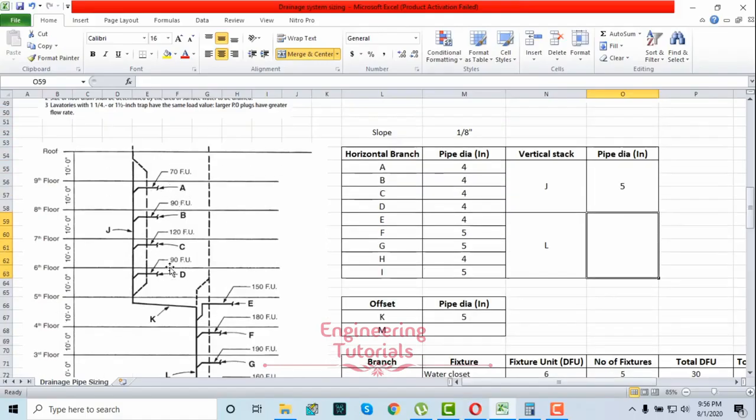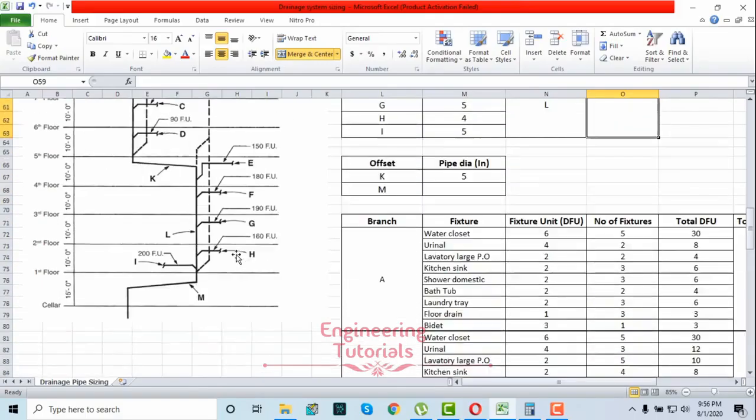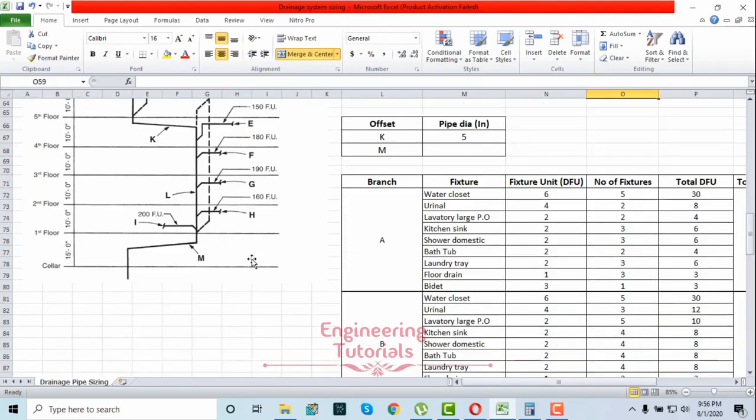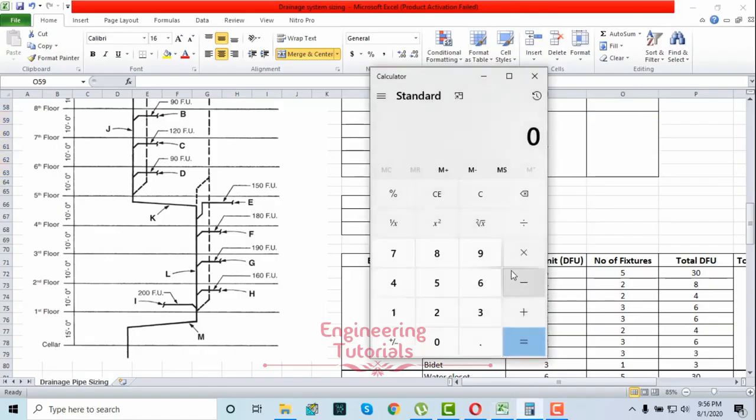This is the offset, sum of branches above offset, sum of branches below offset, to get the size of this stack L. So we know that 370 here, and how much is here you can calculate, that is 370 plus branch E is 150, F is 180, and G is 190, H is 160, and I is 200. So total fixture unit value to calculate the size of this stack L is 1250 fixture units.